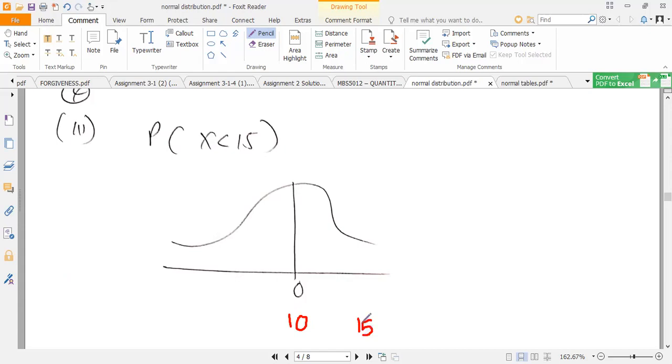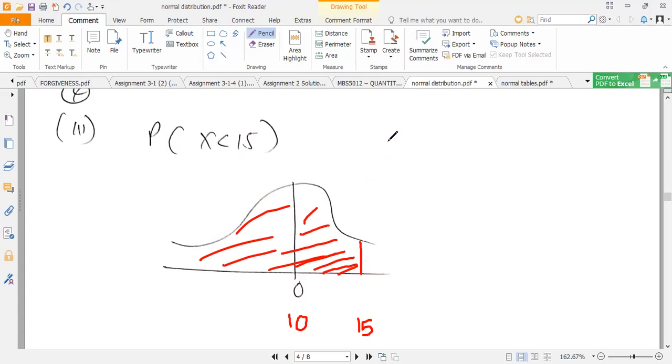And since this is less than, you shade on the left side. Good. You put the divider, and we're shading on the left side because it says less than, until you can shade no more. Don't end here like others do. You shade until you can shade no more. So already you can tell that this is more than 50%. So the reading we're going to find, don't subtract from 1, read it as it is.